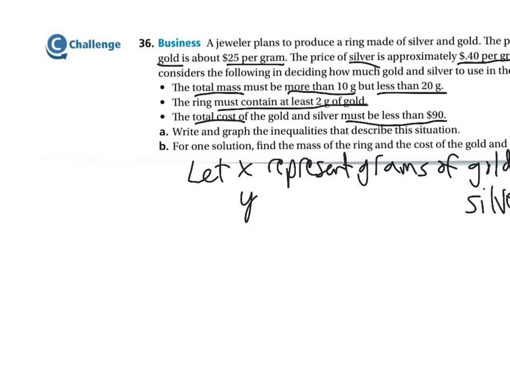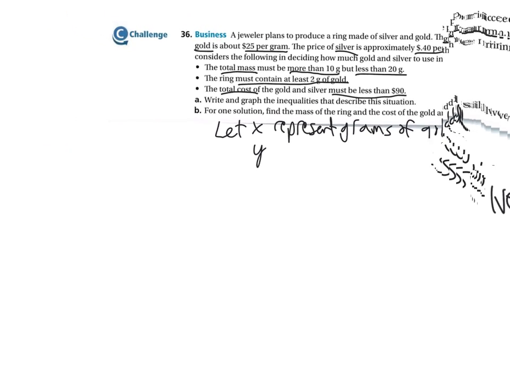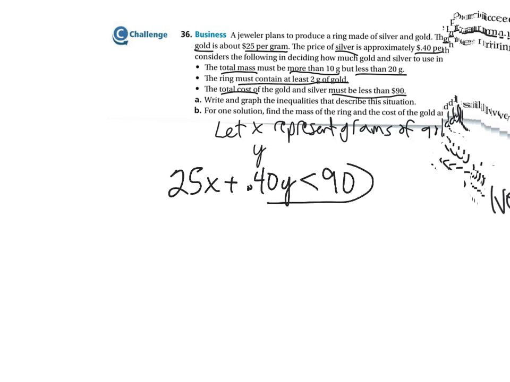I'm not going to write it all out just for time's sake here. Okay, so if we look at our cost inequality, we should have 25x plus 40 cents times Y would be our cost, and it has to be less than $90, so less than 90. That would be one inequality here.